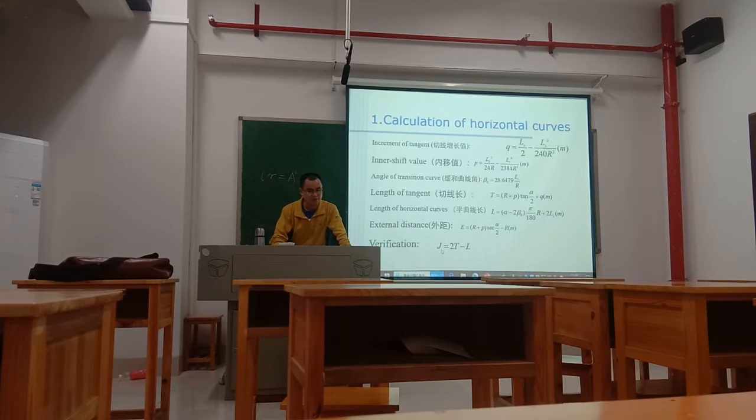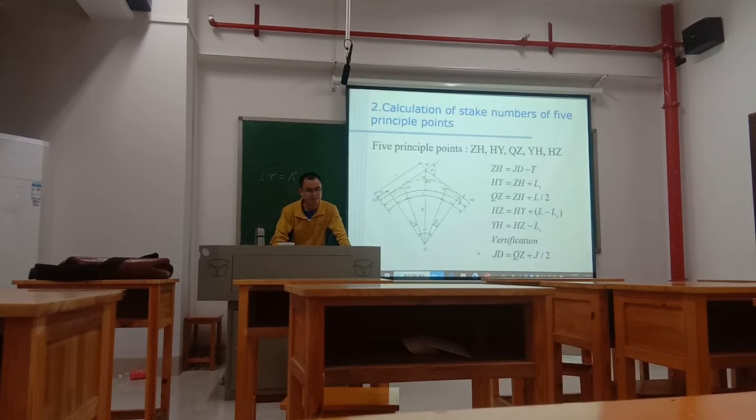Verification: J is equal to 2 times T minus L. We can get the stations of the 5 principal points.